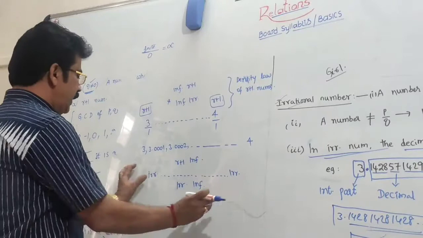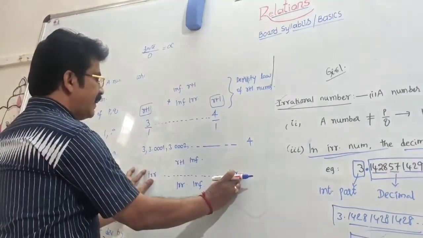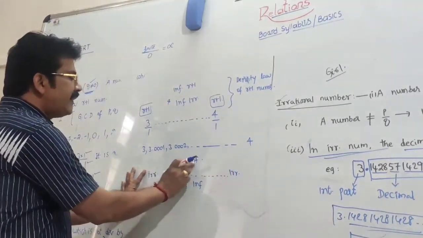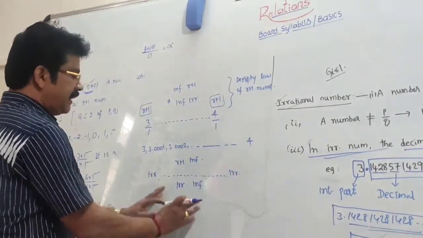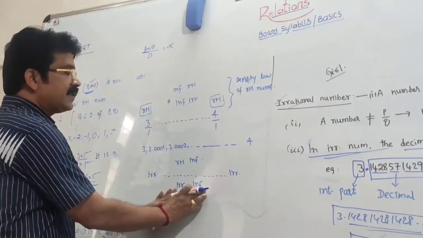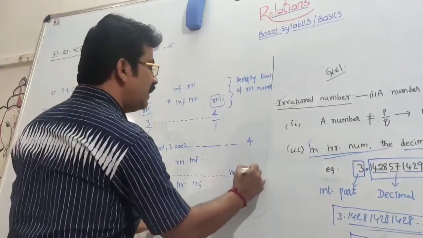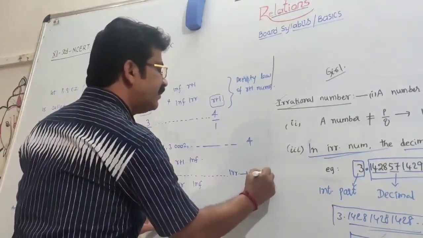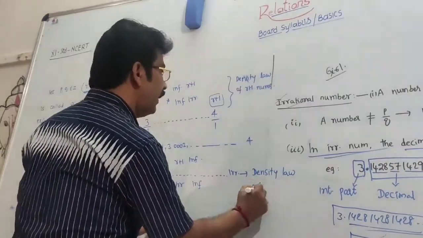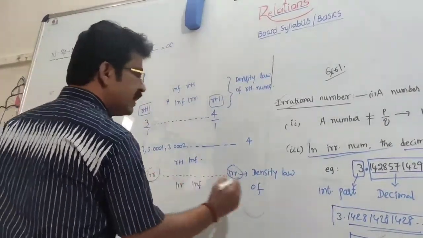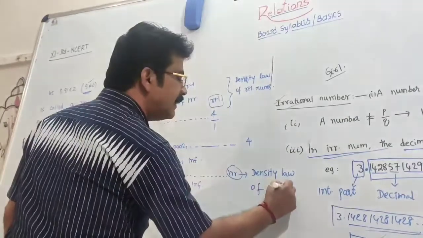Infinitely many. So between two irrational numbers, there are infinite rational numbers, and infinite irrational numbers. So this is called the density law of irrational numbers.